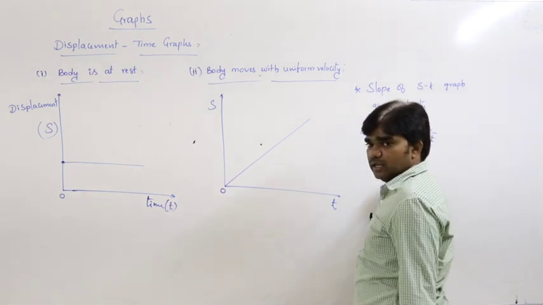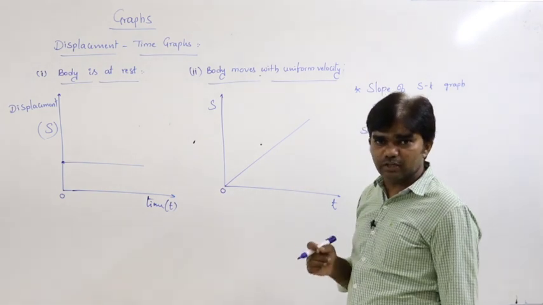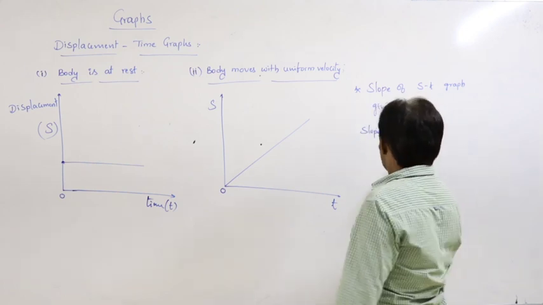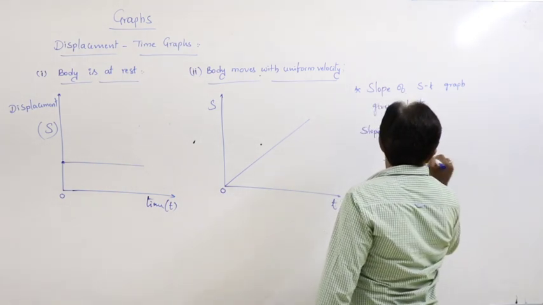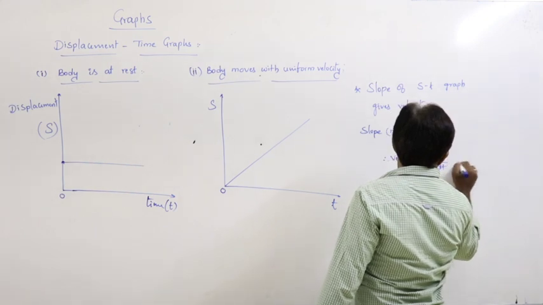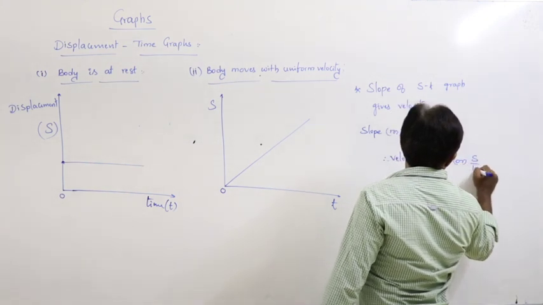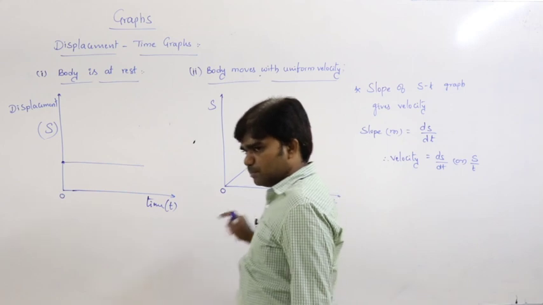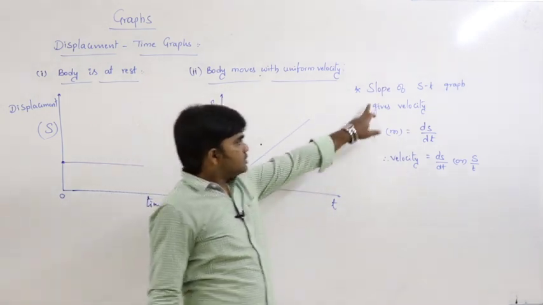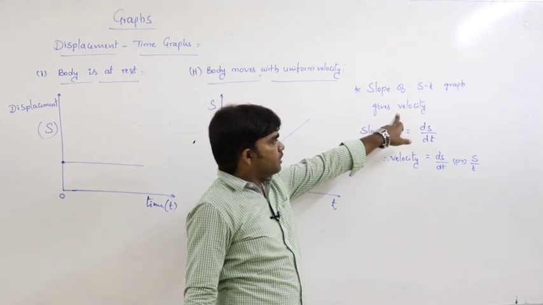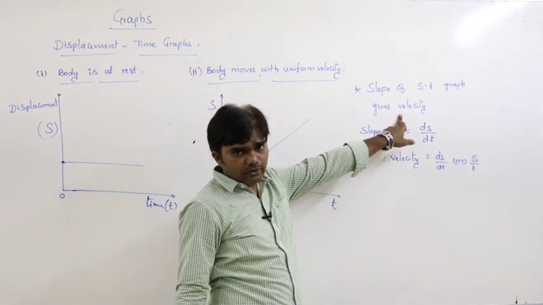The rate of change of displacement gives what? Velocity. Therefore velocity is equal to ds by dt, or simply displacement by time. So the slope of the displacement time graph gives velocity. This is the important point here.